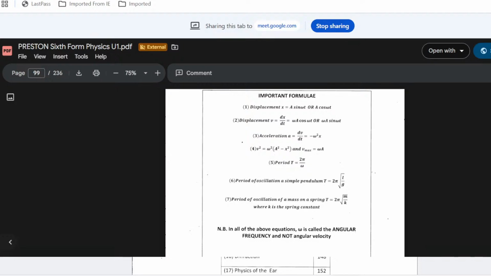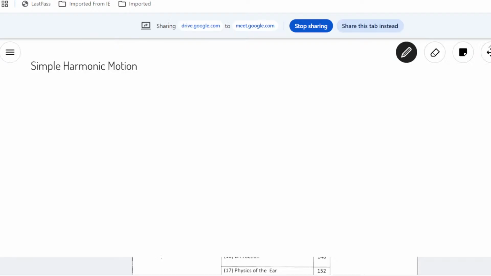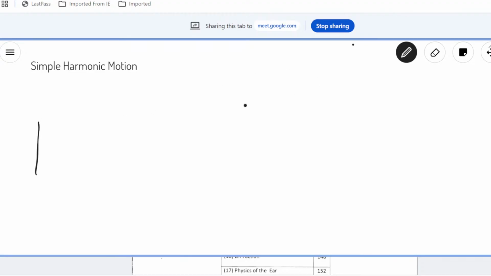So if you have a scenario where it's starting from 0, then you have to use sine. And cosine is when it starts at maximum.